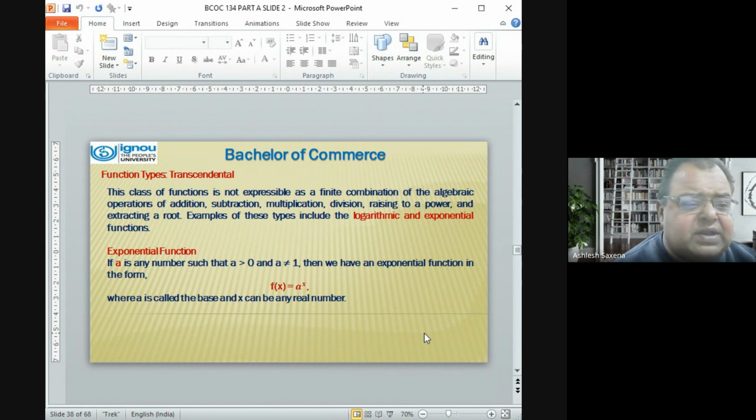Exponential function: if a is any number such that a is greater than 0 and a is not equal to 1, then we have an exponential function in the form of f(x) is equal to a raised to the power x, where a is called the base and x can be any real number.